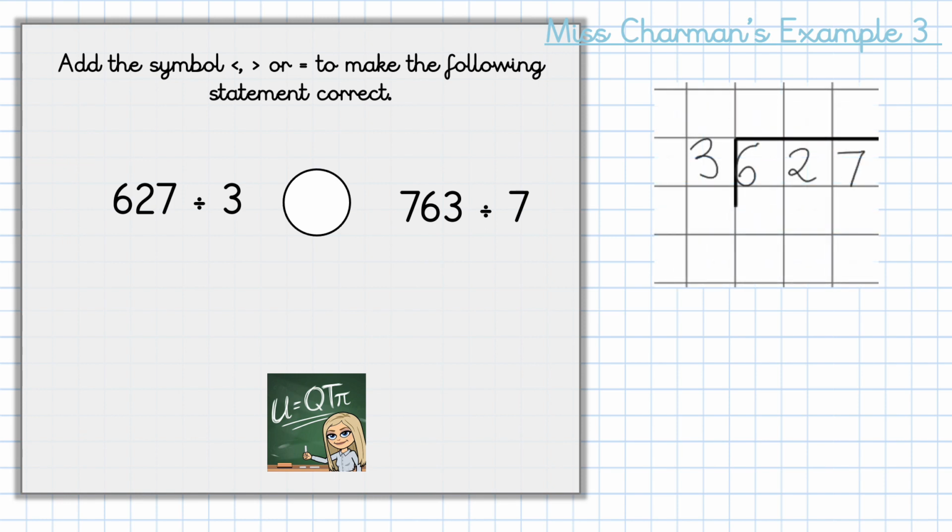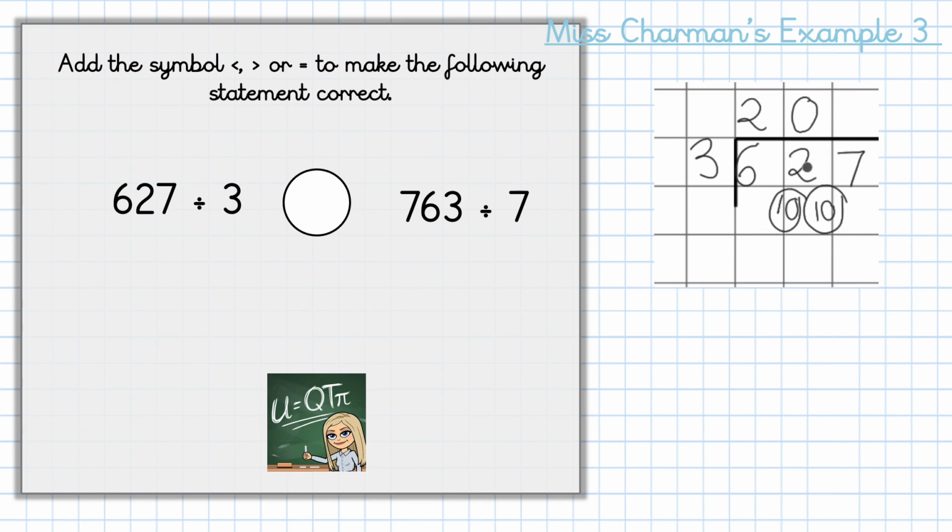I'm going to have a go at working out the answer to 627 divided by 3 together. So just by looking at the first part, I know that there are 2 3s in 6, so I'm going to write a 2 in the hundreds column. I now move over to the tens column. And I know because I've only got 2 10s, I do not have any groups of 3, so I'm going to write the 0 here.